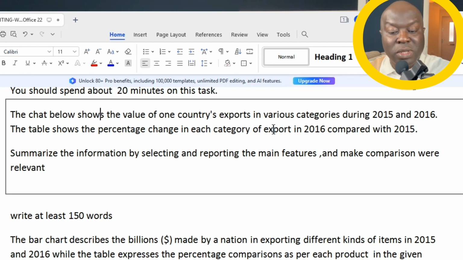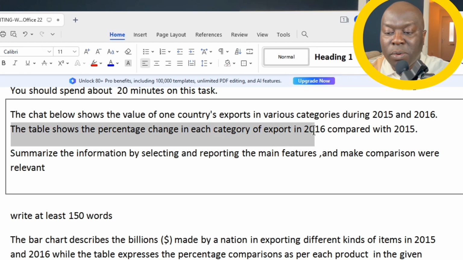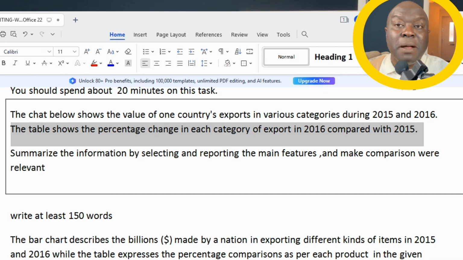So 2015, 2016. Another thing happens here. They talked about the table. The table is making a comparison. The table shows the percentage change in each category of export in 2015. They are talking about export again, and they are mentioning 2016 and 2015. I don't need to mention it two times, because whatever I'm saying, I'm talking about these two years in question.